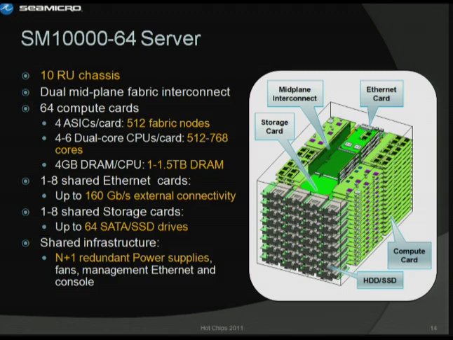That's a total of 1.5 terabytes of DRAM in the system. We provide network connectivity of up to 160 gigabits per second and storage of up to 64 SATA disks inside the enclosure. We use redundant power supplies. We have 4 power supplies that plug in the top. They're 3+1 redundant. So if one of them fails, the chassis still keeps up and running on the other 3.